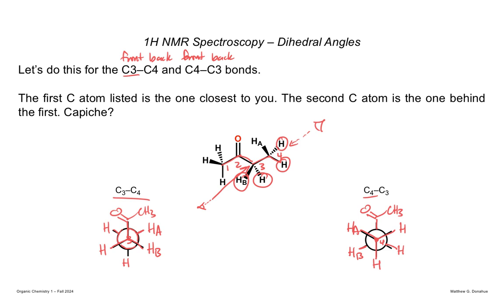If we're looking at HA, C, C, HB, it's essentially this angle here. So that's what we mean by the dihedral angle. And so let's look a little bit more into this. We'll review these questions and then determine how the magnitude of that angle influences the coupling constant.